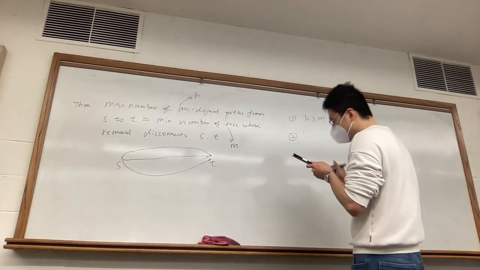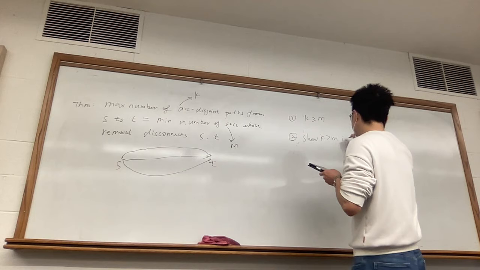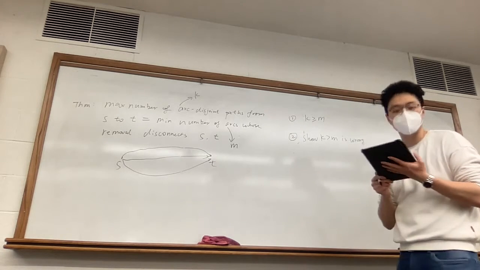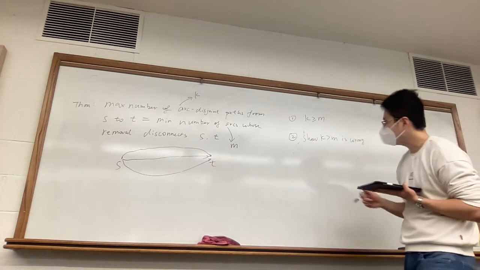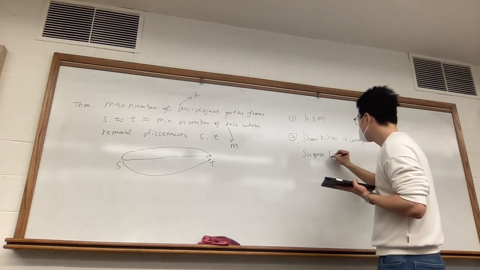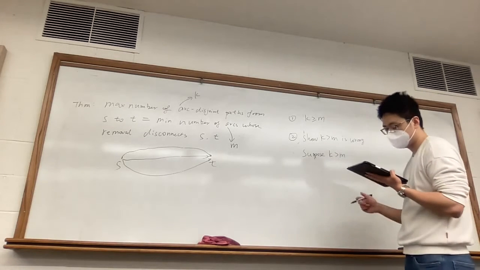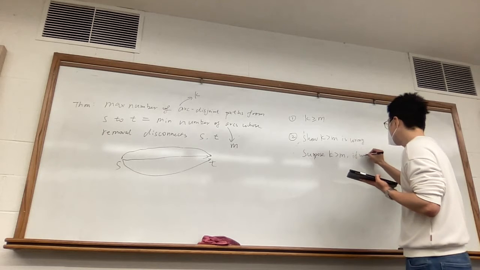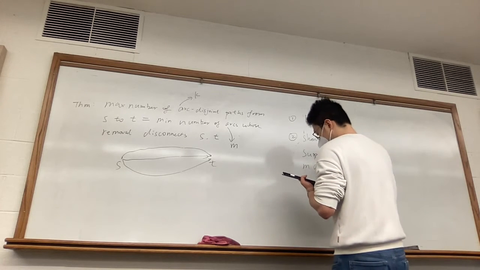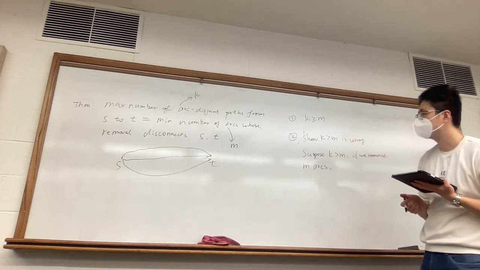And then we can show that K greater than M is wrong. Why? What is the reasoning? Suppose we have K greater than M. Then if we remove M arcs, what happens?